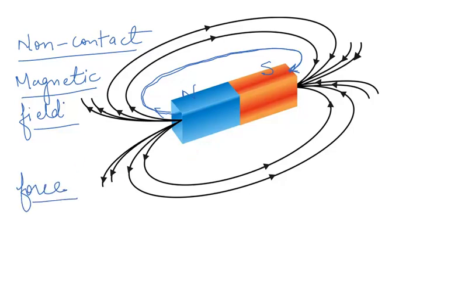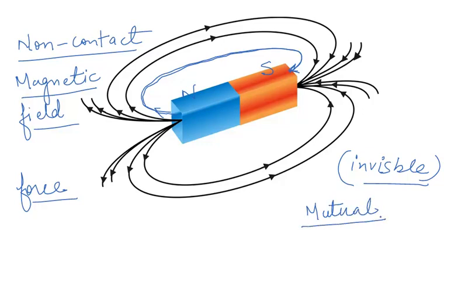So you should keep in mind that these magnetic field lines are invisible, and when these invisible magnetic field lines interact with the magnetic field lines of the other magnet, they exert force on each other. This force is mutual.